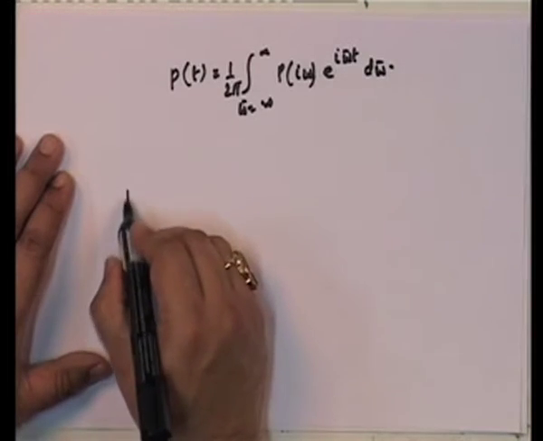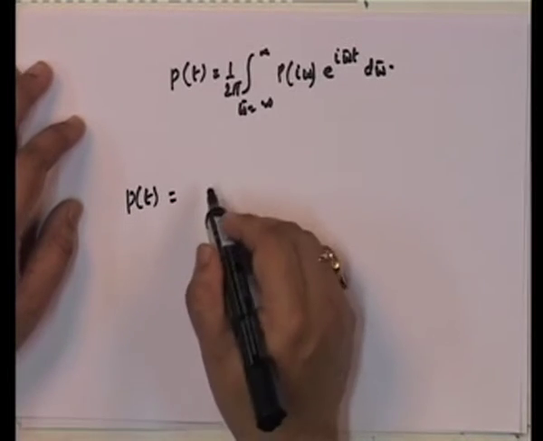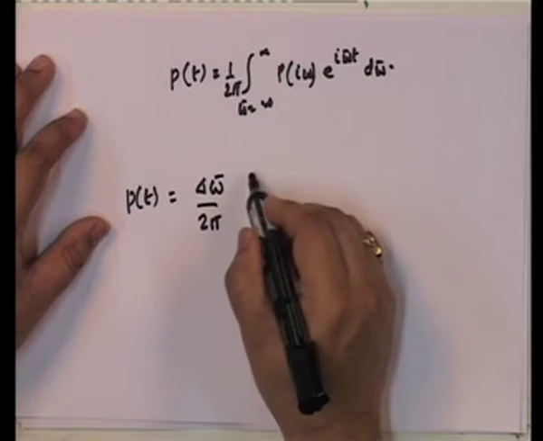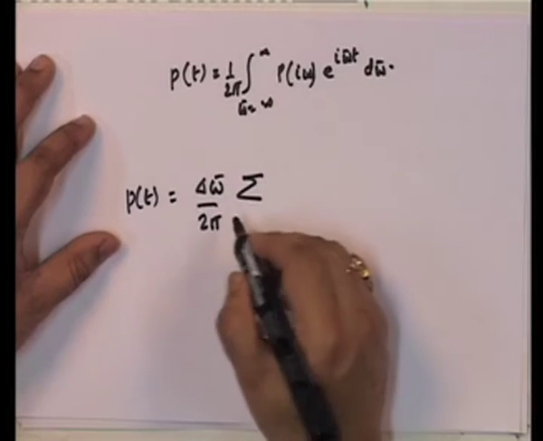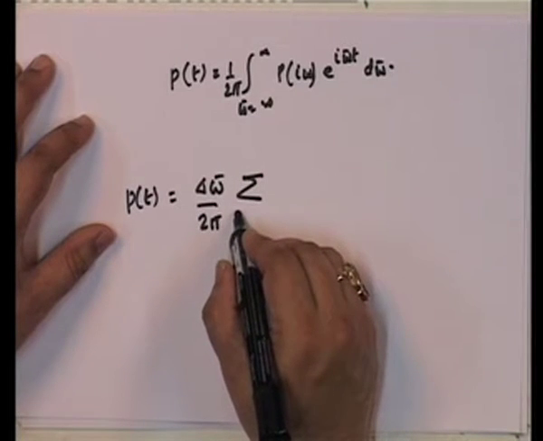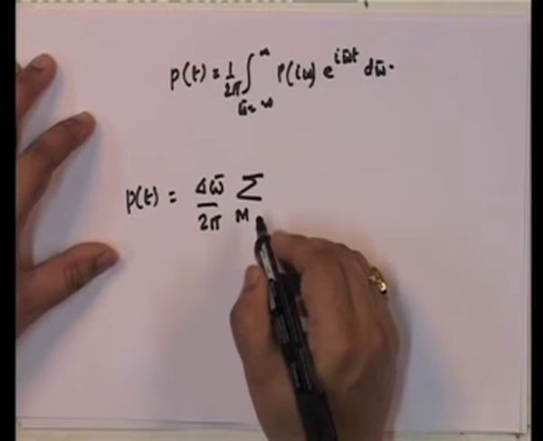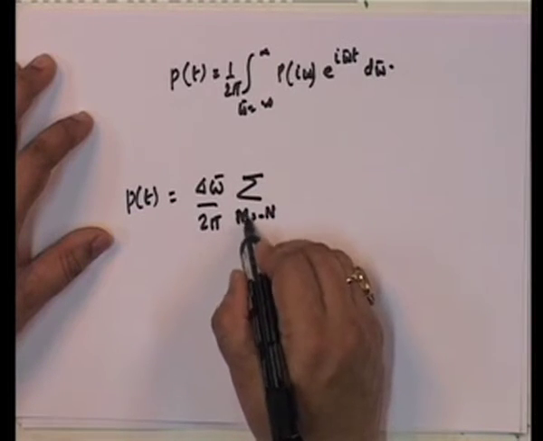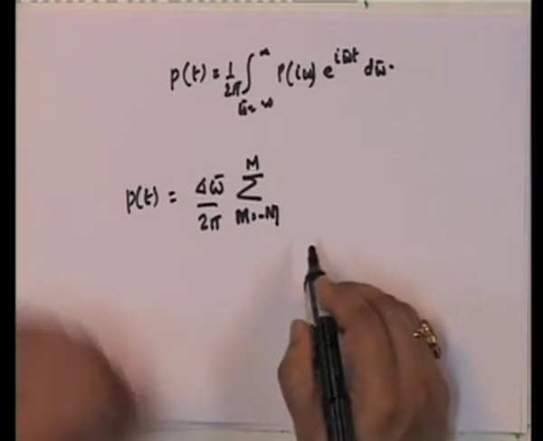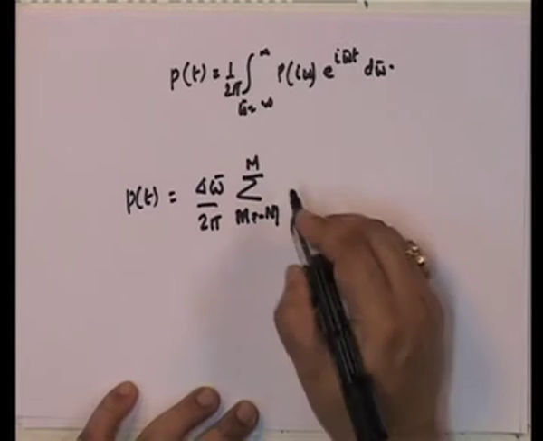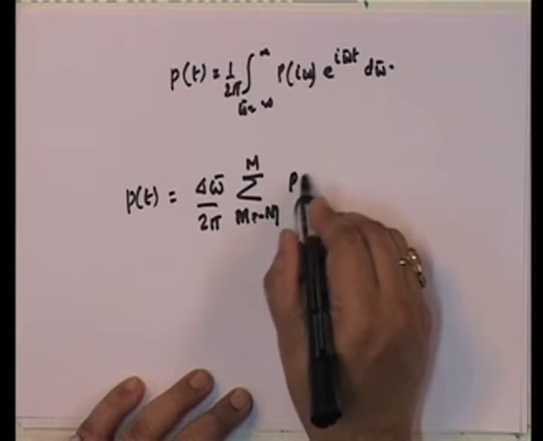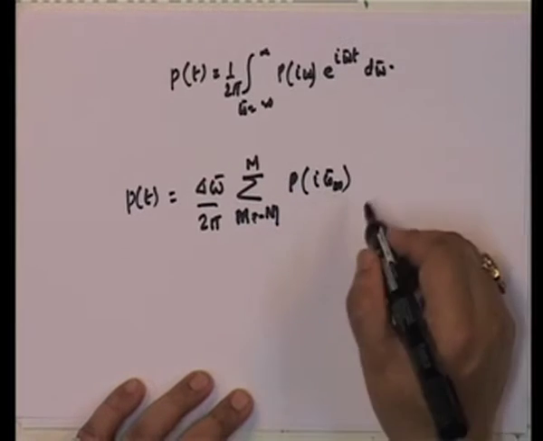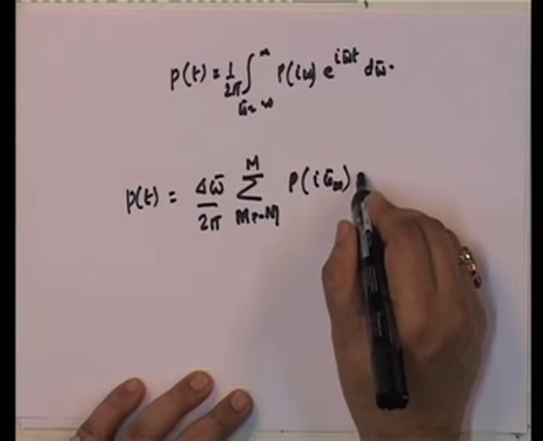So this becomes P(t) is equal to delta omega bar comes out, so it becomes delta omega bar upon 2 pi, and the integral becomes a sum with m going from minus M to M, because frequencies have both sides, of P(i omega bar_m), which I know is m into delta omega, into e to the power of i omega bar t.